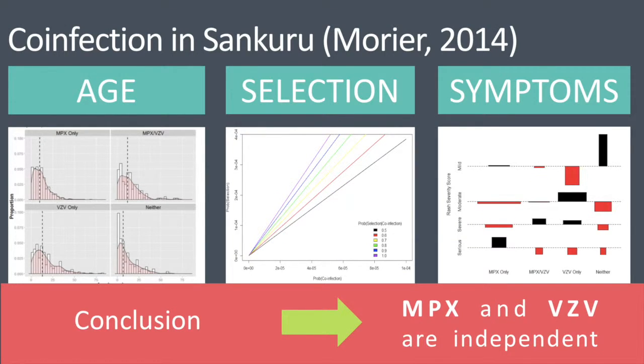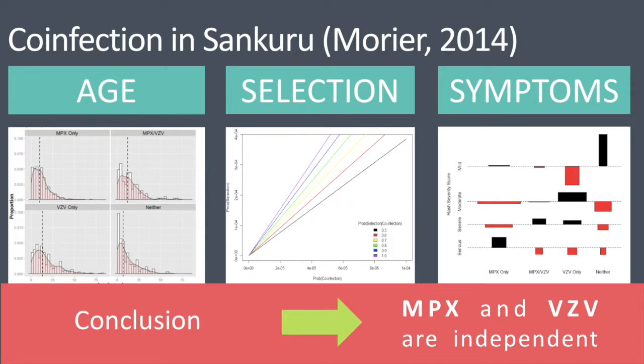A PhD student under Andrew Moyne, who was my supervisor in DRC from UCLA, looked at these co-infections. He looked at the age distribution, selection bias, and differences in symptomology. Age distributions are not significantly different between the different infection stages.